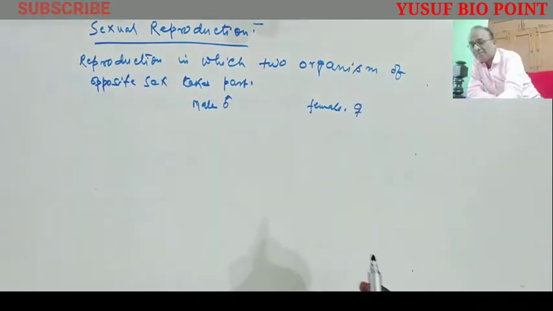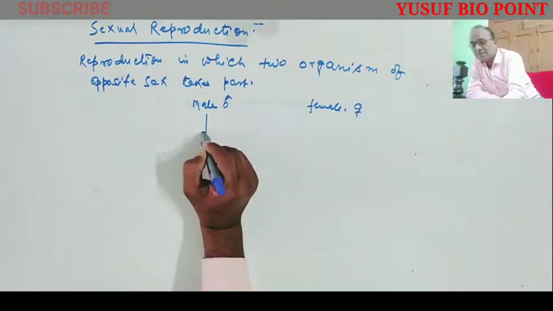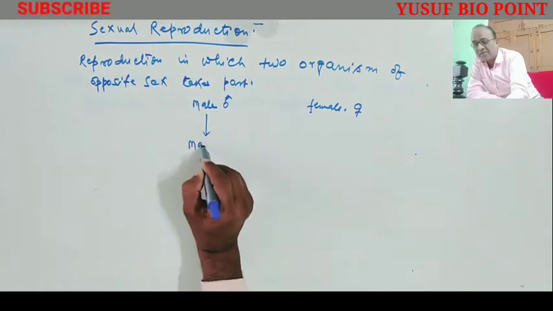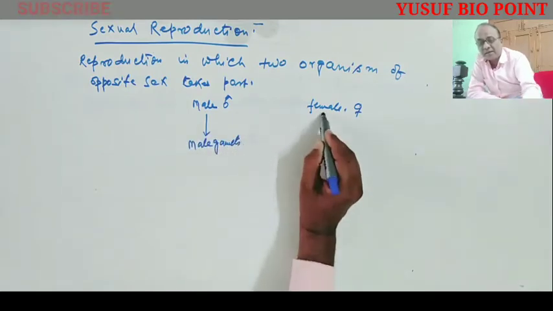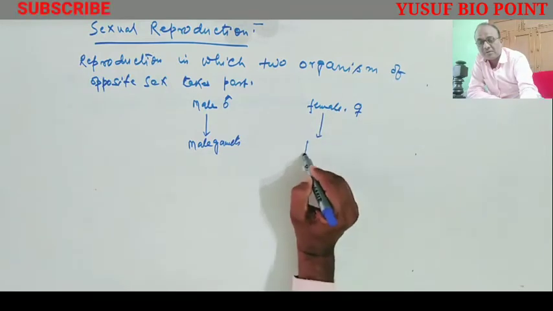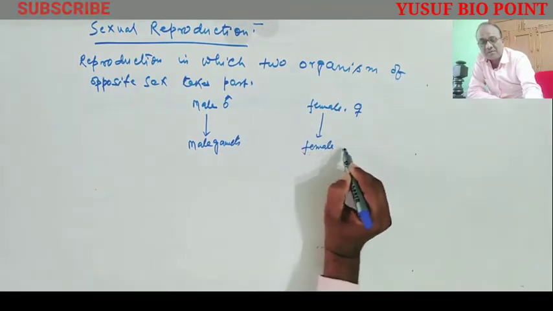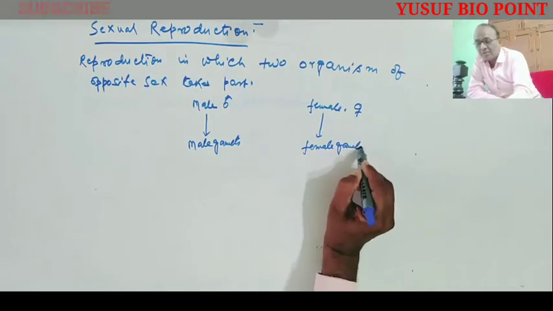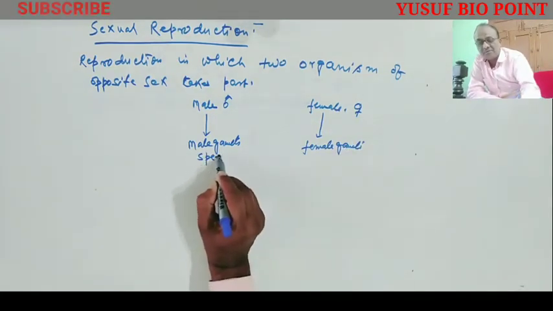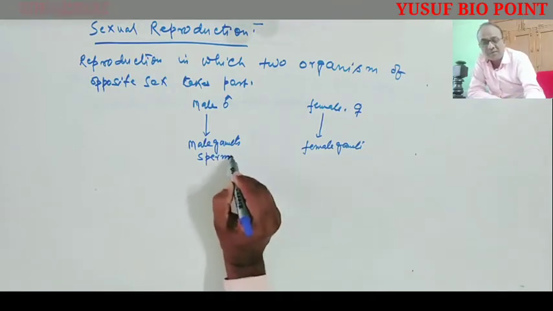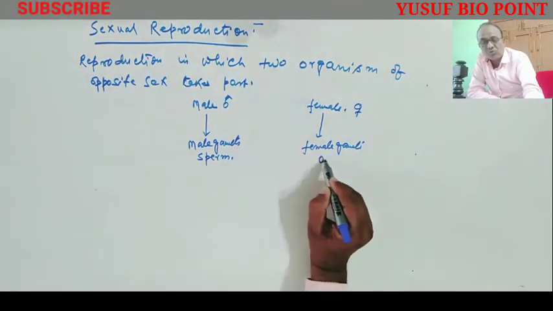Male gives male gametes and female gives female gametes. The male gamete is the sperm and the female gamete is the ovum.